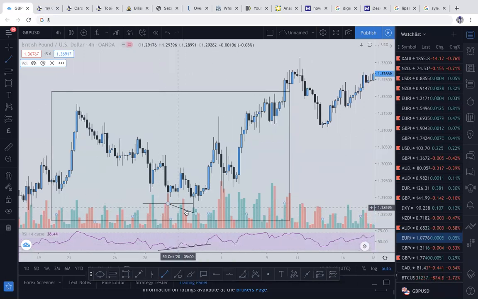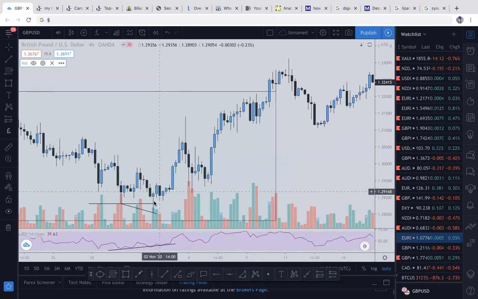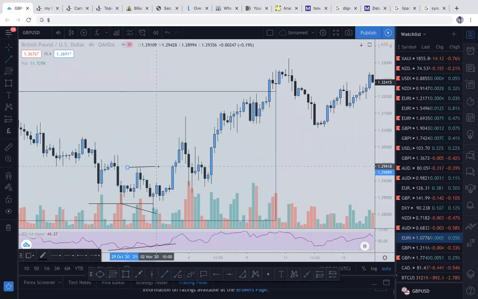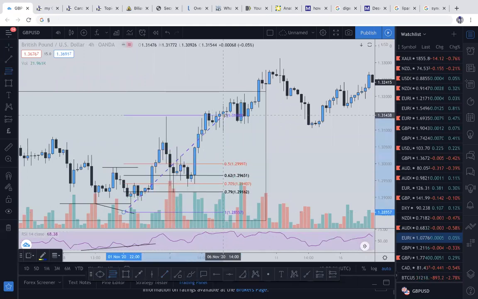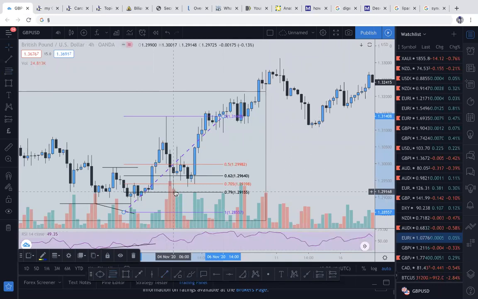As price is heading down, I want to see my divergence heading up. Now, where did the break of market structure happen? Here. This is the last high that formed this low. And now let's pull our fib from this low to the very high. And where did price reverse from? Tell me, guys.